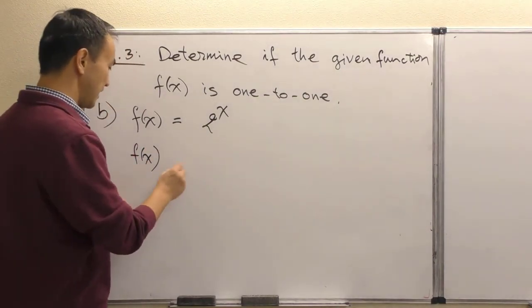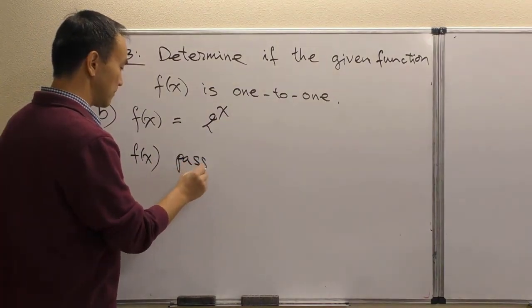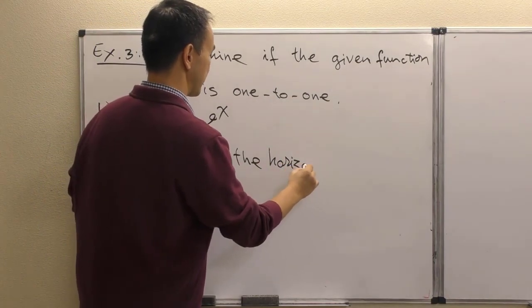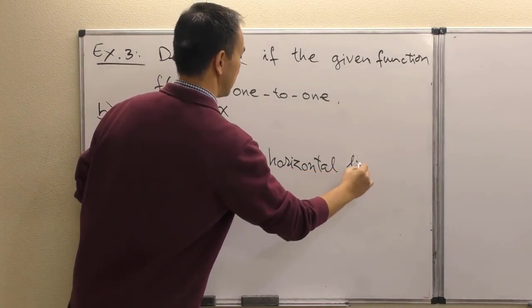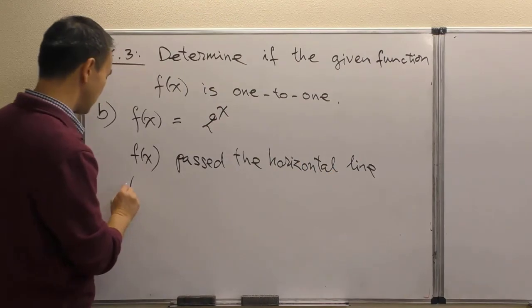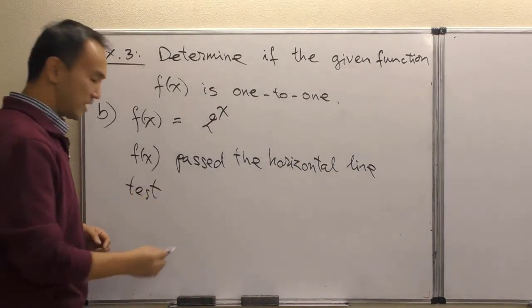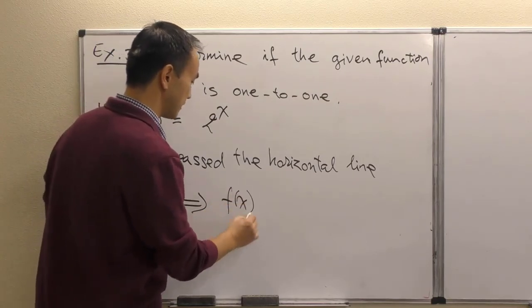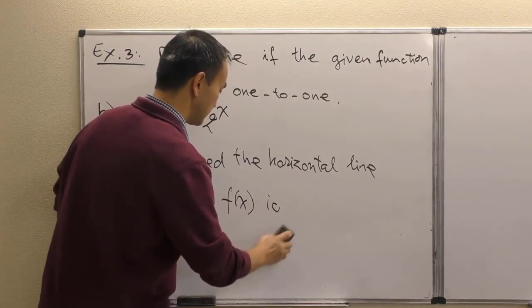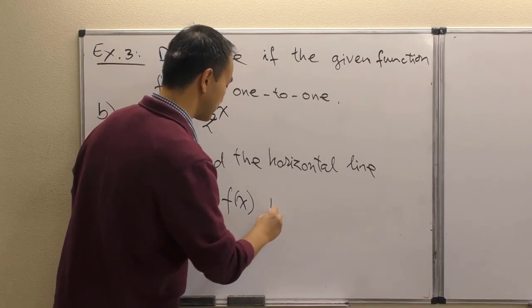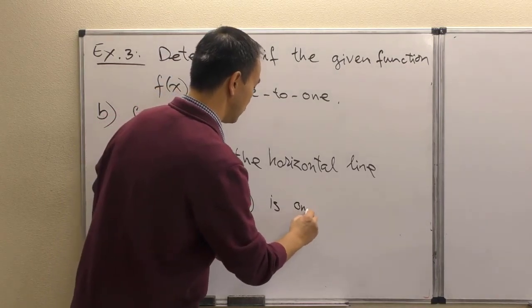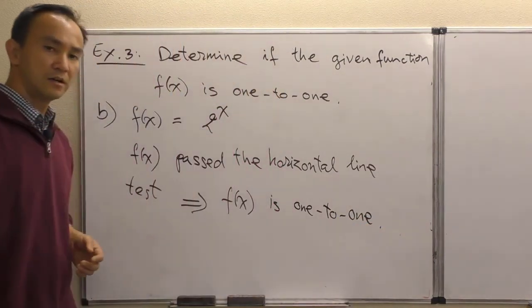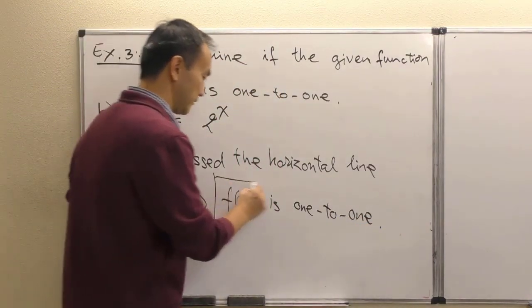So f of x passes the horizontal line test. In that way, I can conclude that f of x is 1 to 1 for this particular problem.